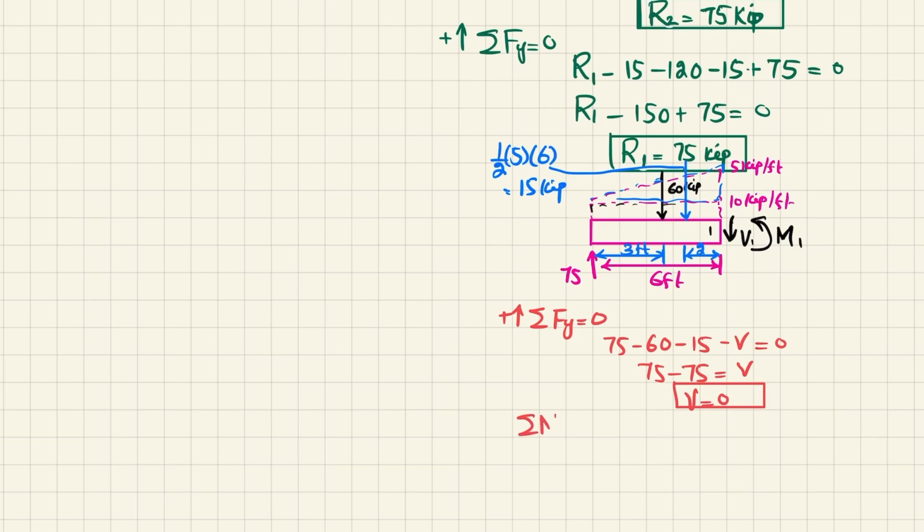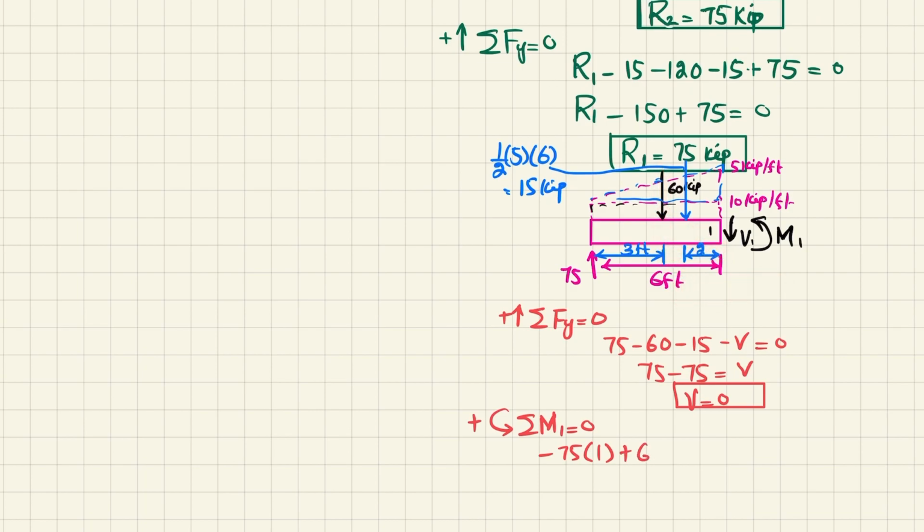Now we will find the moment. So the sum of all moments about point 1 is equal to 0, taking counterclockwise moment as positive. About point 1, the first moment is R, 75 into 6, and that is producing clockwise, so it will be negative. So I will write minus 75 into 6. The second moment will be due to this 60 into the perpendicular distance 3, and this is producing counterclockwise, so it will be positive.